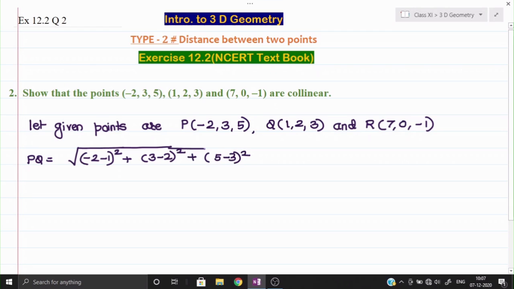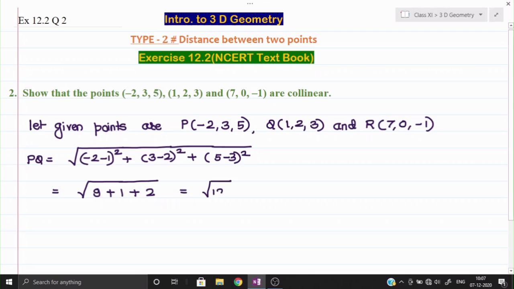Now further we can solve it. Under root of minus 2 and minus 1, that is minus 3, and minus 3 square will be 9. 3 minus 2 is 1, square of 1 is 1, and 5 minus 3 is 2, square of 2 is 4. 9 plus 1 is 10, 10 plus 2 is 12. So it is coming basically under root of 12.